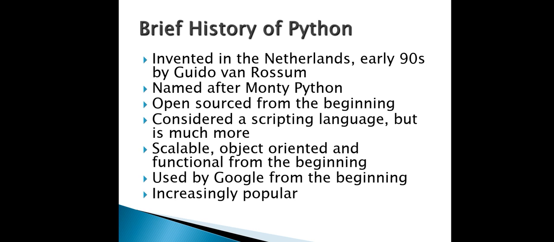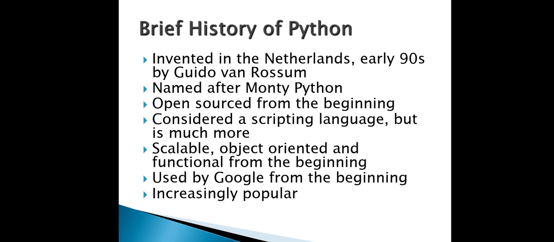Brief history of Python. My dear friends, first of all, it was invented in the Netherlands, in the early 1990s, by Guido van Rossum, who is the founder of Python. Suppose I ask you a question: who is the founder of Python?